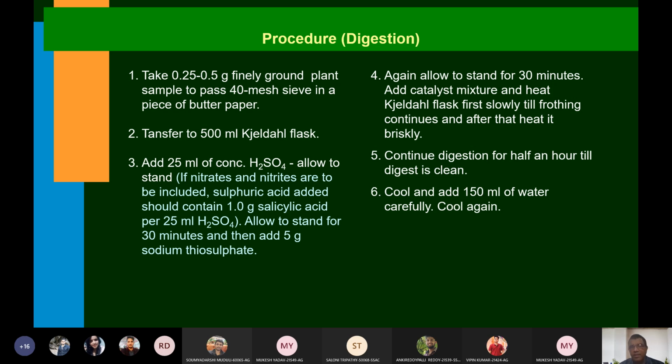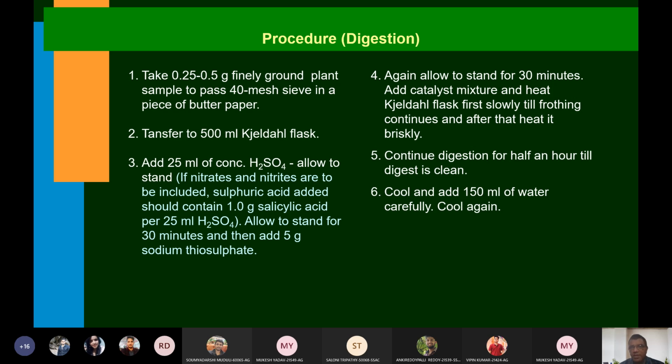Or if you think that nitrogen concentration is low, then you can take 0.5 gram also. So depending upon nitrogen concentration in the material, you can choose the size of the sample. And it should be a finely ground plant sample, to pass through a 40 mesh sieve, in a piece of butter paper.